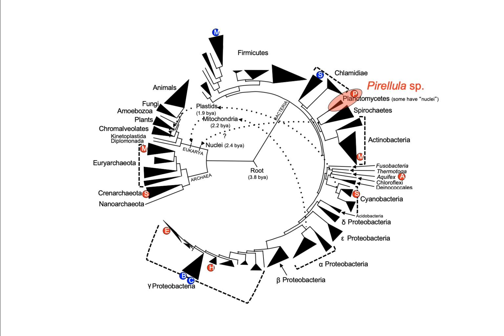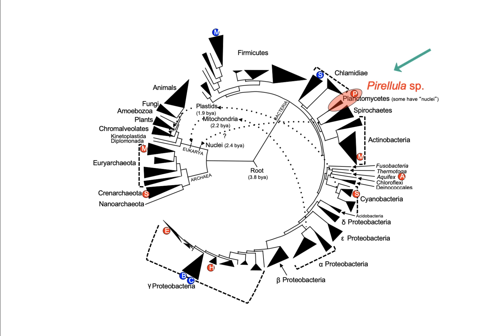The next bacterium I want to talk about is Pirellula. It is within the planctomycetes, and if you remember, this is the group that has internal membranes, including a membrane in Gemmata obscuriglobus, which looks like a nuclear membrane. So this is an interesting group.